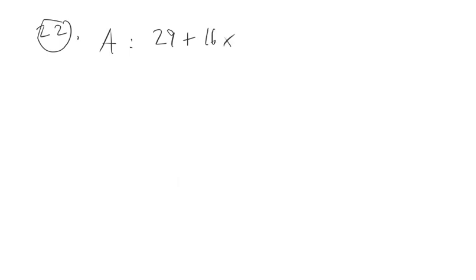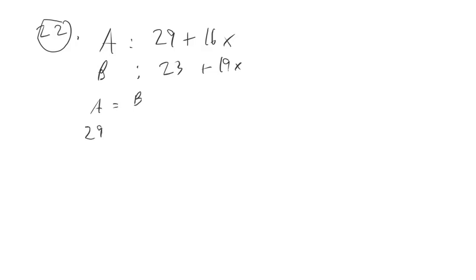And then Club B costs you a fee of $23 plus $19 per month, which is 19x. Now, after how many months will the total cost be the same? So when will A equal B?